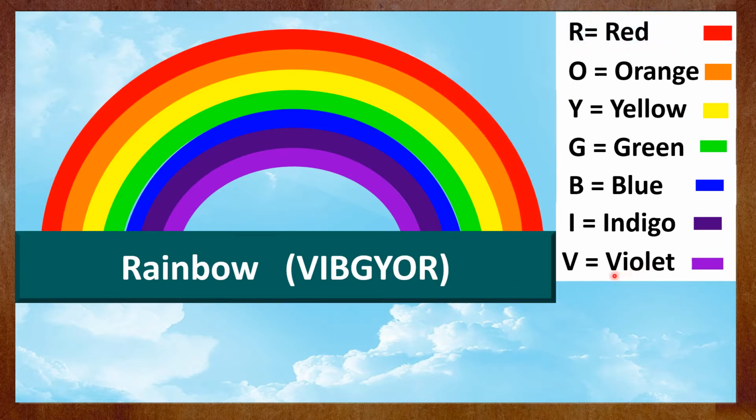Here, all the first letters in each color have been taken. V from violet, I from indigo, B from blue, like this. So if you read from the bottom to top, we get this mnemonic: VIBGR: violet, indigo, blue, green, yellow, orange, and red. So these are the colors present in the rainbow.